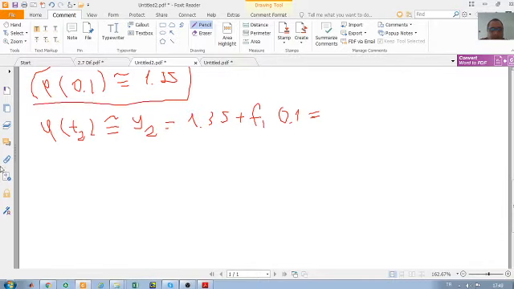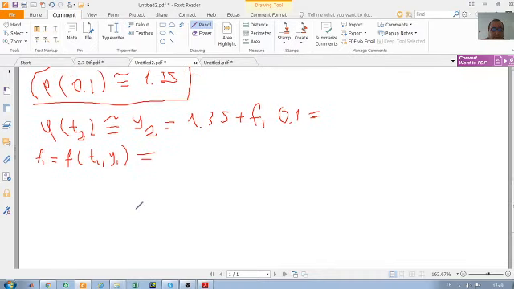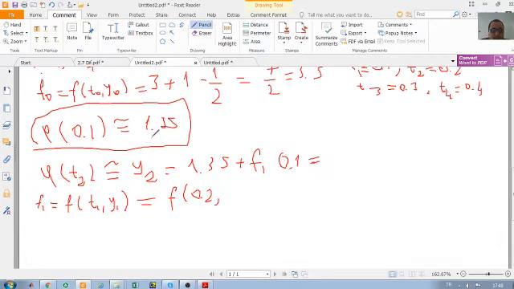What is f1? f1 is equal to f of t1, y1, namely f of 0.2 and y1 is equal to 1.35.